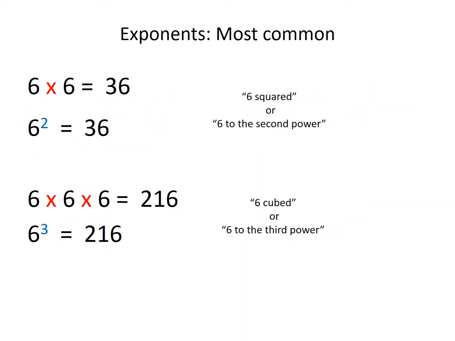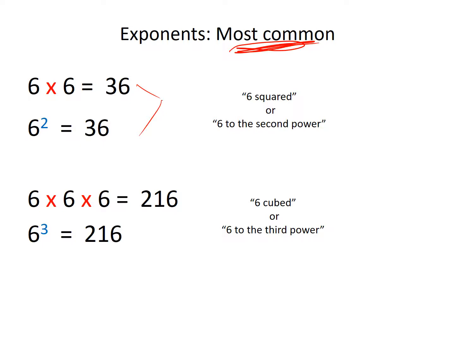We saw 3 to the 4th, we saw 3 to the 8th, we could have 3 to the 50th, or whatever. But these are the ones you should care most about. These are the most common exponents that you'll see. One of them is just like this, where I'm multiplying a number by itself.